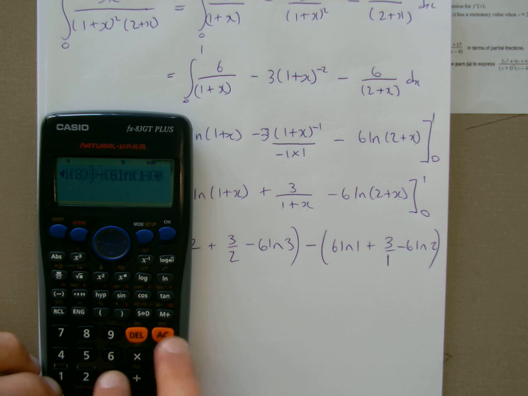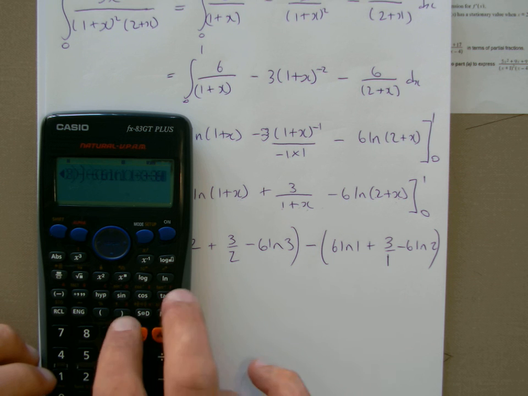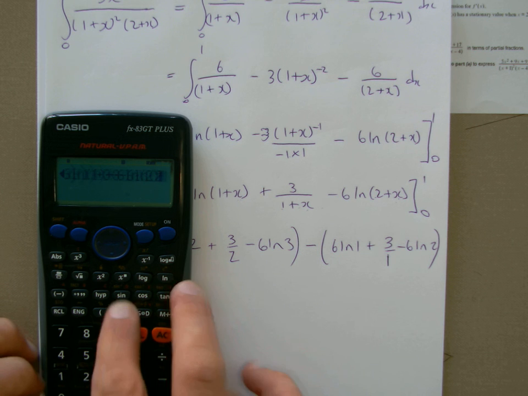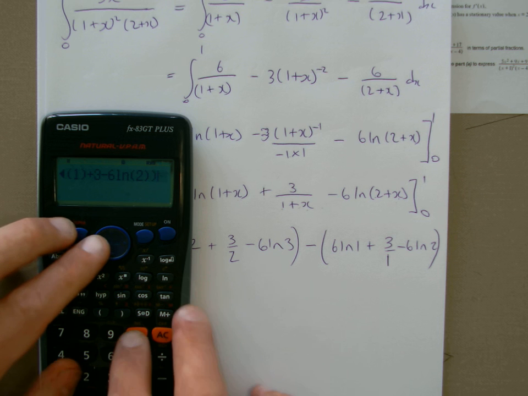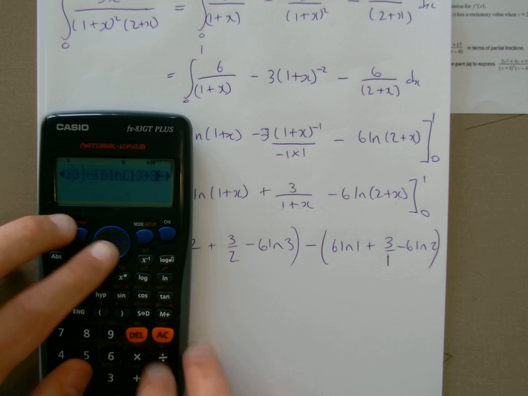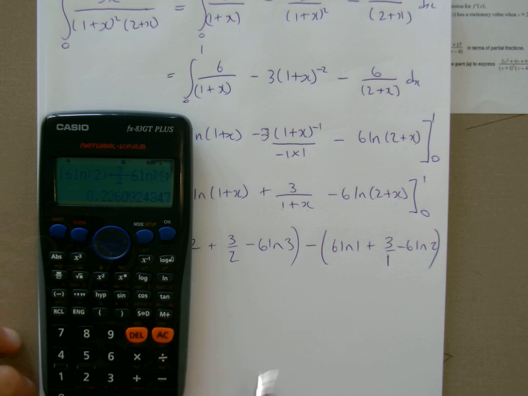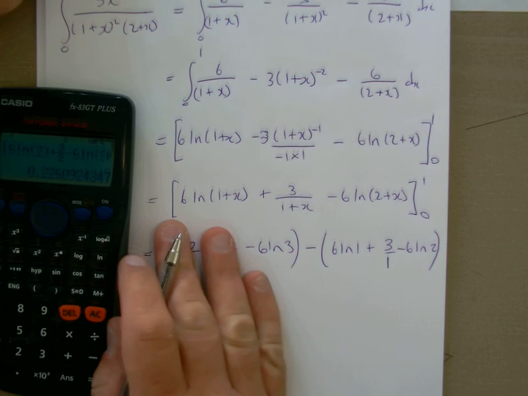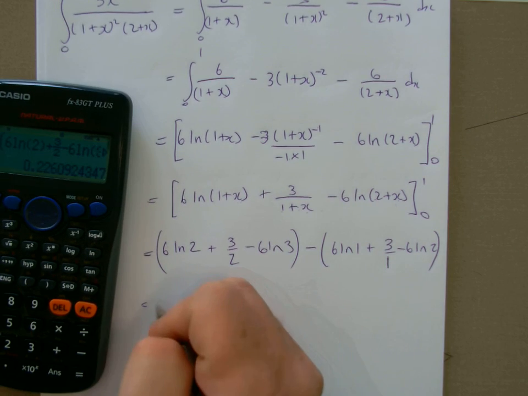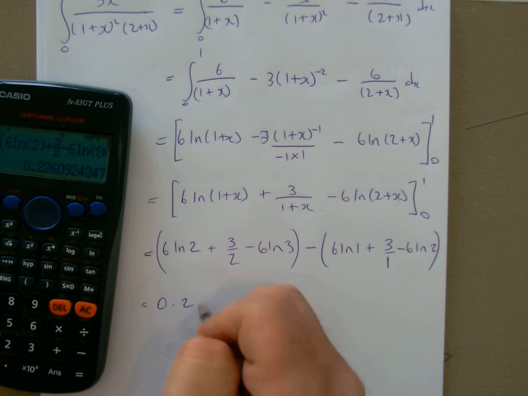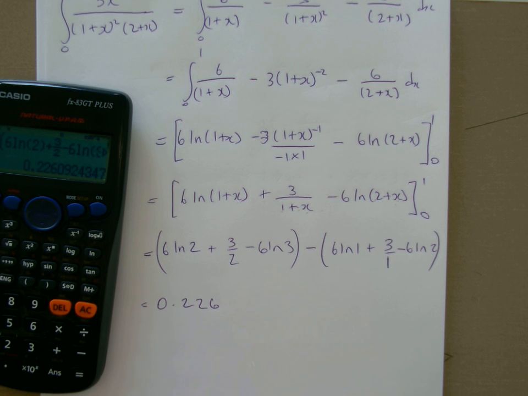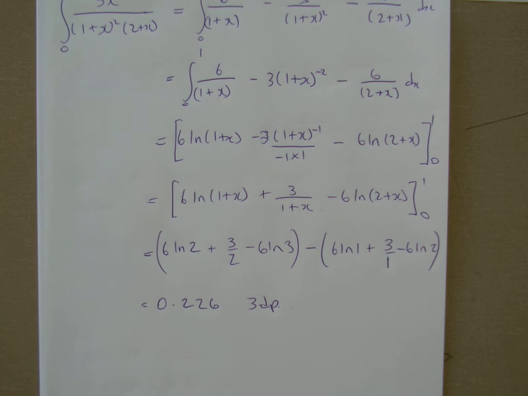Plus 3 over 1, which is just 3, minus 6 ln 2. And we get our answer to be 0. What do they want it to? 3 decimal places. 0.226 to 3 dp. Check the decimal places because that's obviously a requirement.